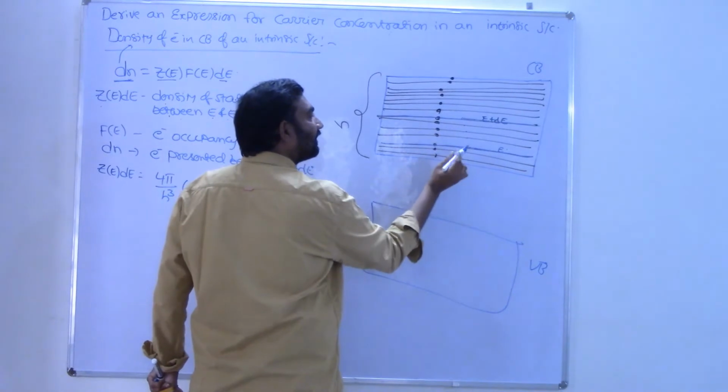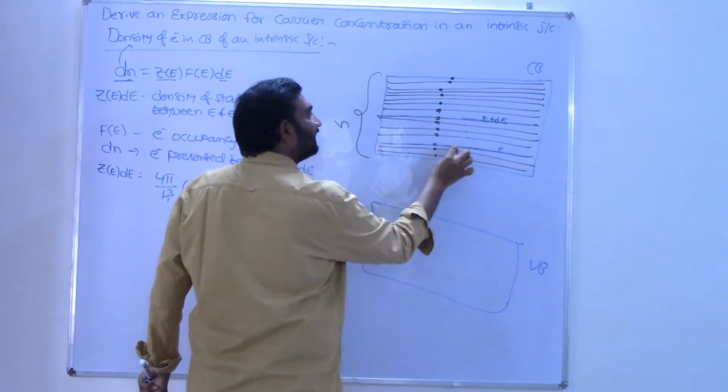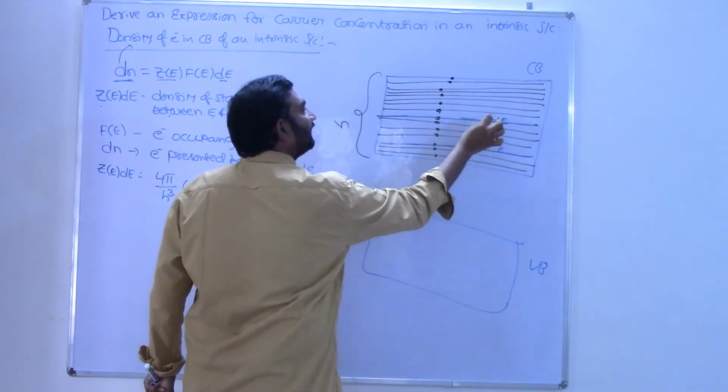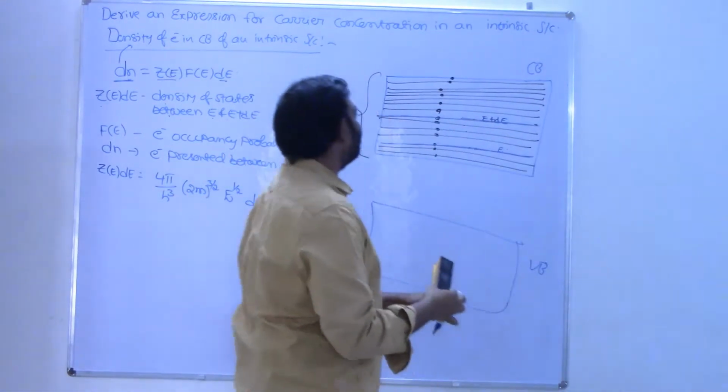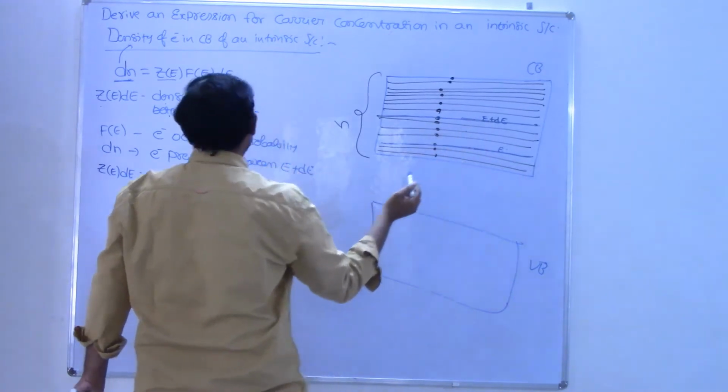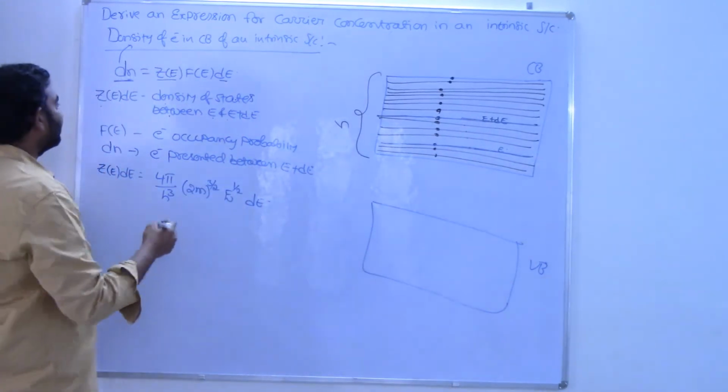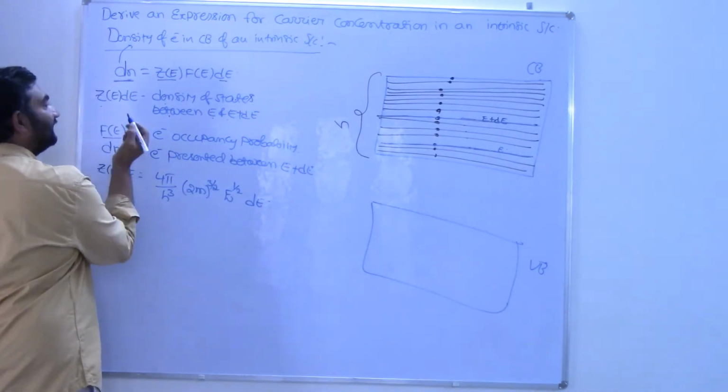So the number of energy states available between E and E plus dE, how many lines are there between E and E plus dE, are called the density of states. Then what is F of E?